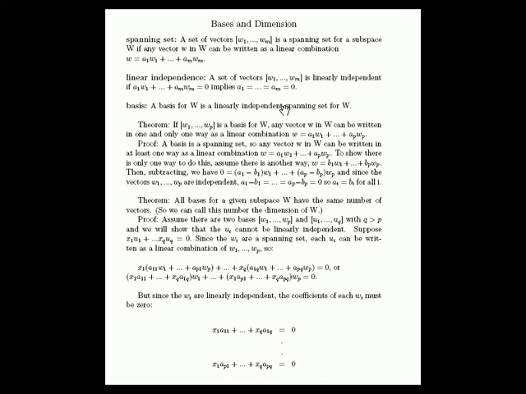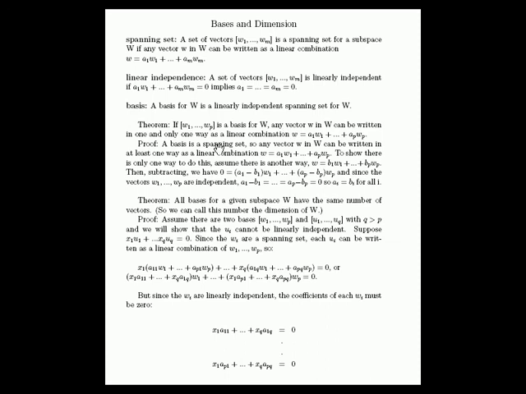If one of them is a linear combination of the others, then you can get rid of it and still span the space. So a basis is a linearly independent spanning set. And then there's a theorem that says if you have a basis for a subspace, then any vector in W can be written in one and only one way as a linear combination of those vectors.